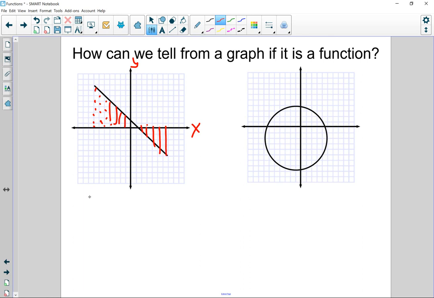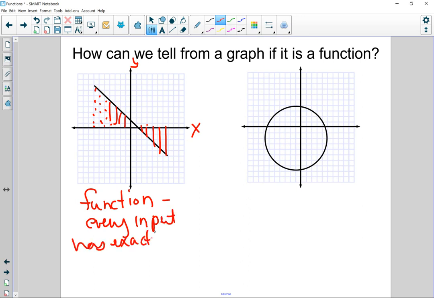Nope. So this is a function because every x only has one y. Every input, or x, has exactly one output.